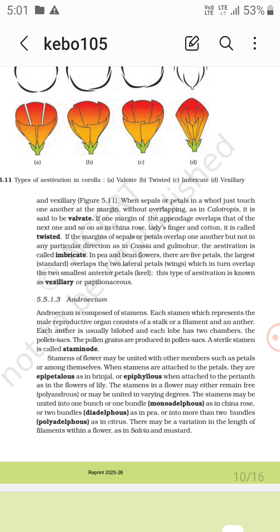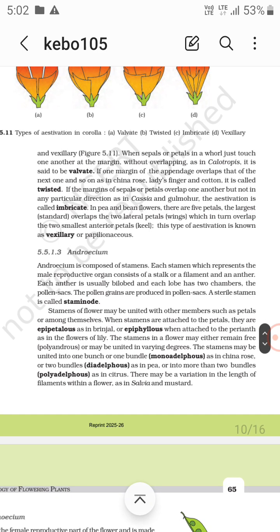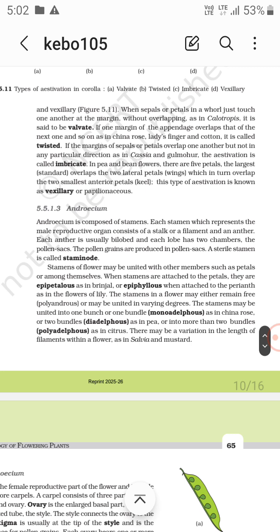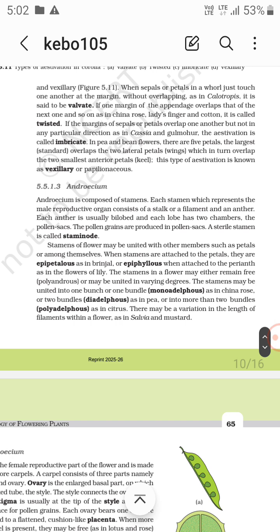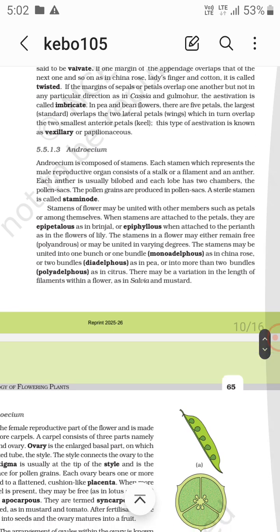Now twisted, if one margin of the appendage overlaps that of the next one, and so on. If the margin of sepals or petals overlap one another but not in any particular direction, that is imbricate. And there are 5 petals. The largest, that is standard, overlaps the 2 lateral petals, that is wings, which in turn overlap the 2 smallest anterior petals, that is keel. This type of aestivation is vexillary or papilionaceous.